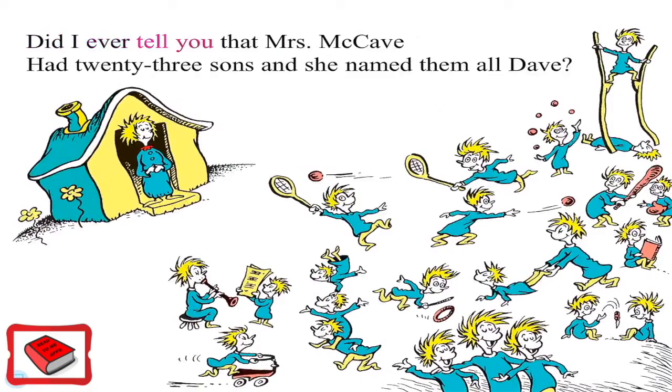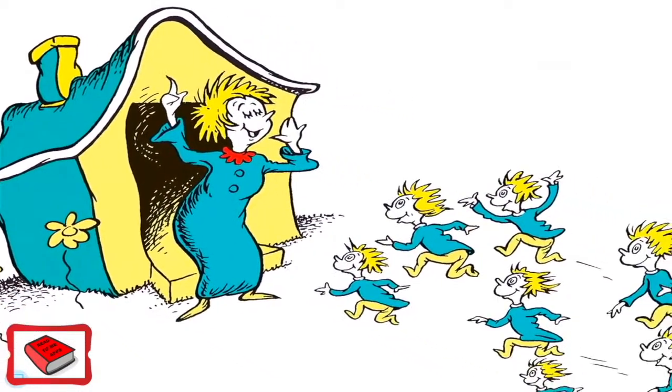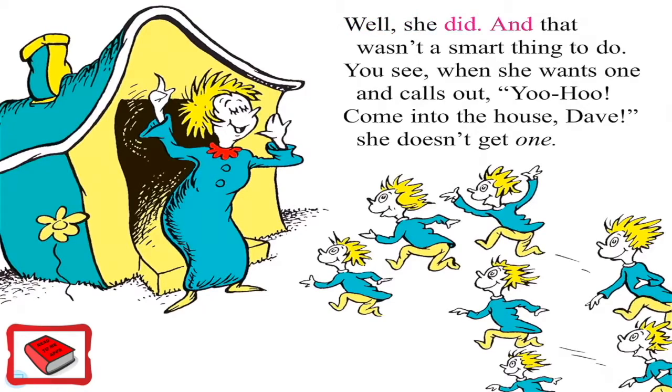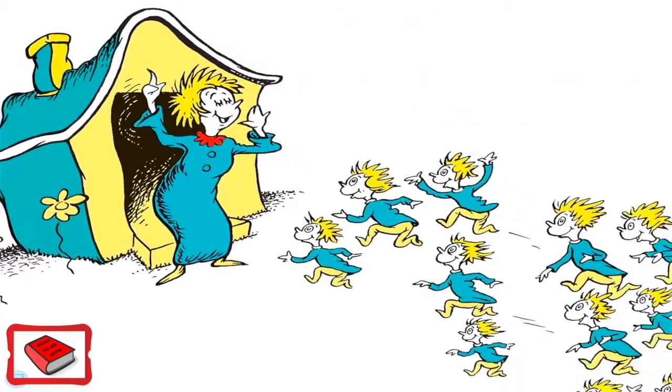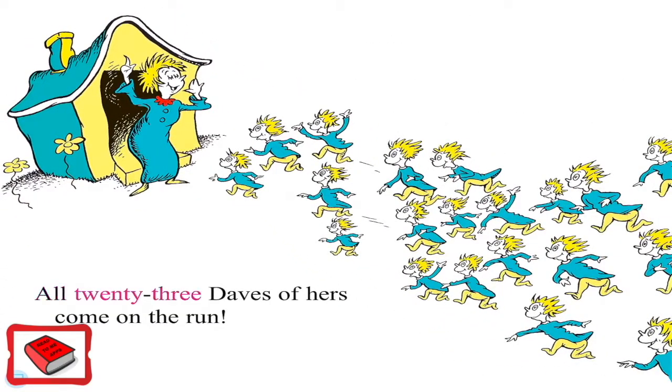Too Many Daves. Did I ever tell you that Mrs. McCabe had 23 sons and she named them all Dave? Well, she did, and that wasn't a smart thing to do. You see, when she wants one and calls out, "Yoo-hoo! Come into the house, Dave!" she doesn't get one. All 23 Daves of hers come on the run.